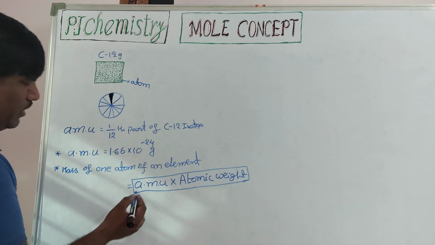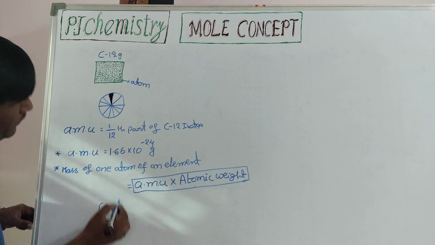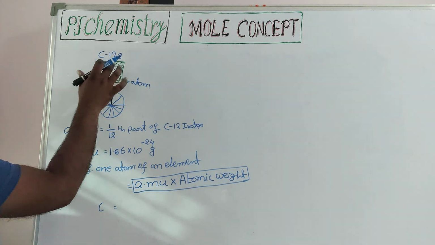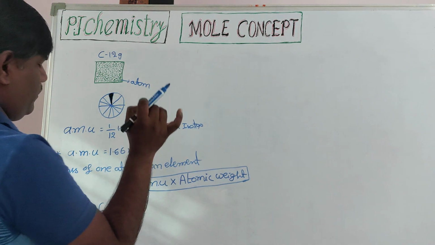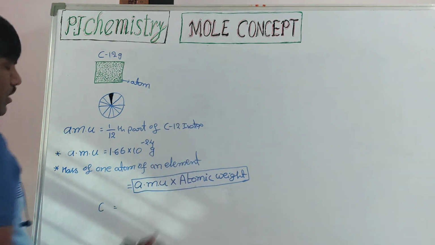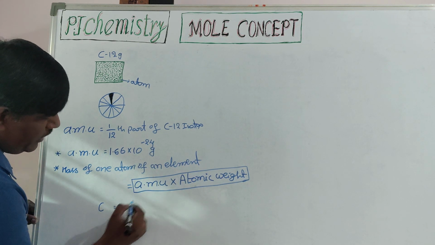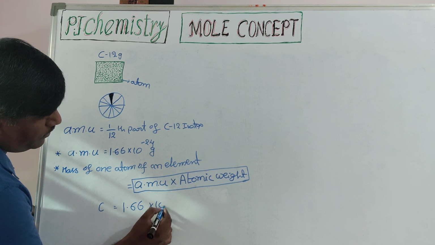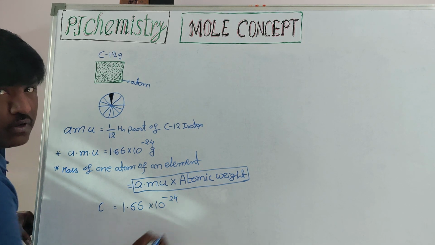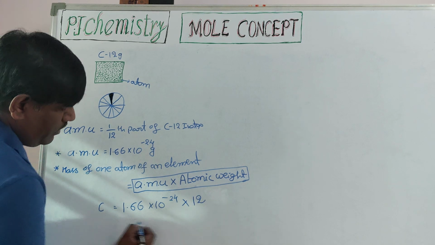I want the mass of one atom of carbon. At that time, AMU 1.66 into 10 to the power of minus 24, into atomic weight 12.